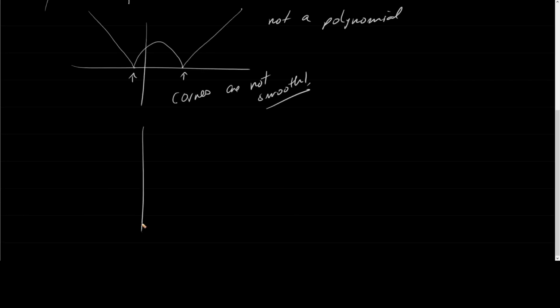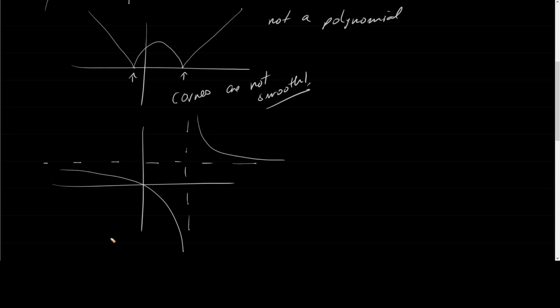Similarly, if I had something like this, let's say I had that, this is not a polynomial. And how do I know that? Well, it's not continuous. It's got this vertical asymptote here, which makes it not continuous.